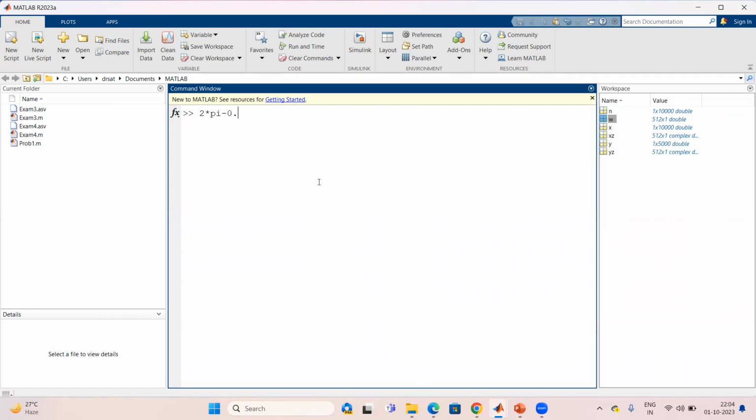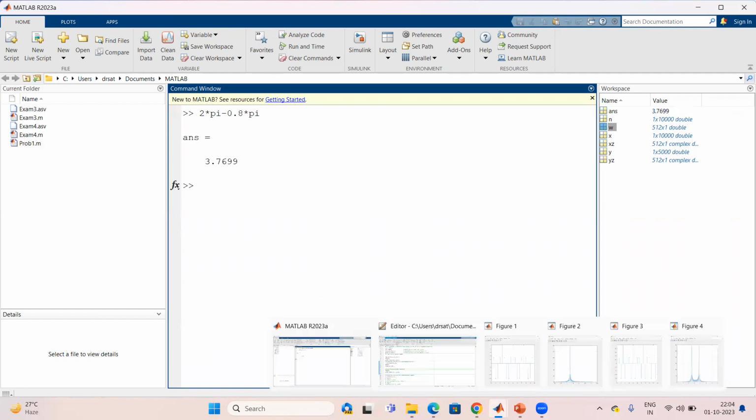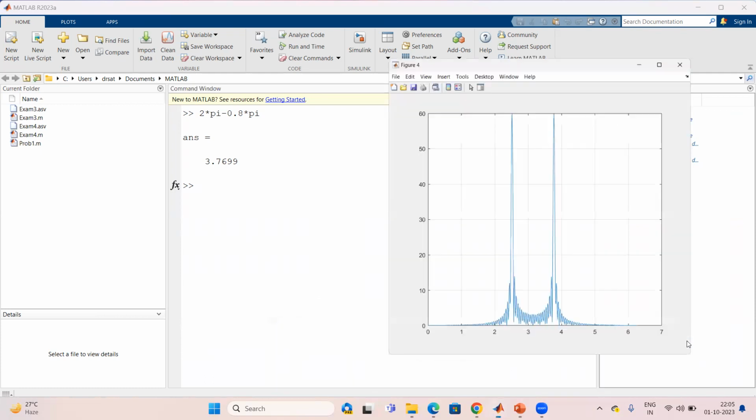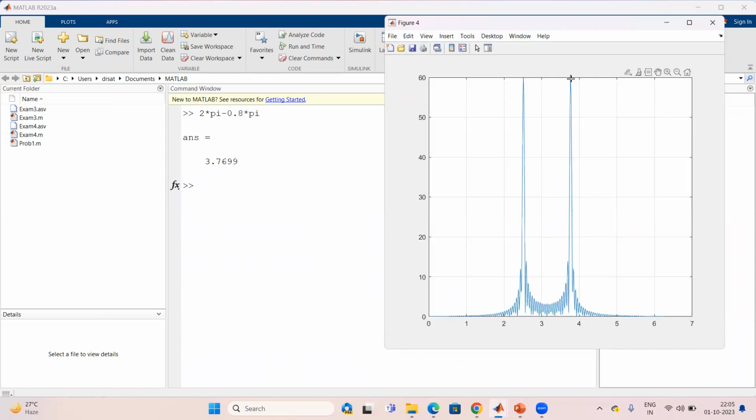If you subtract this value, you will be able to get 3.769. So another spectrum that we are going to get is around 3.7699. That value we can note down. At this point we are going to get another spectrum.